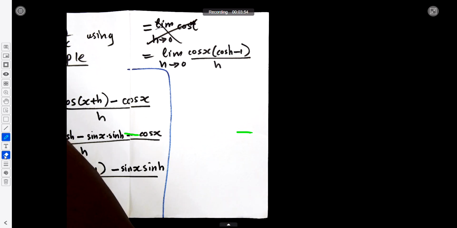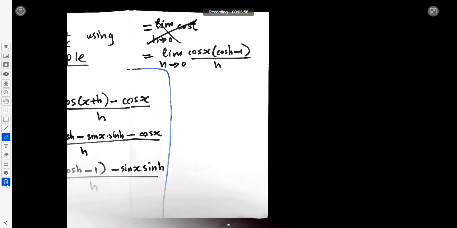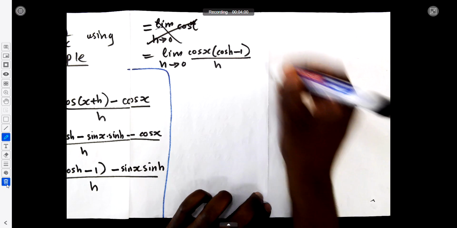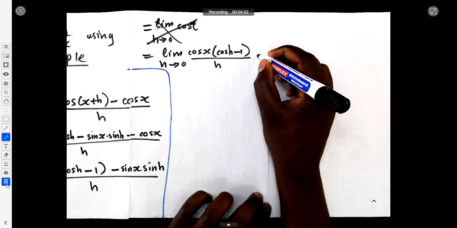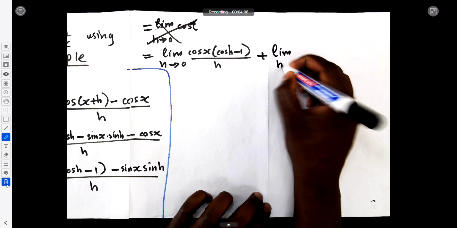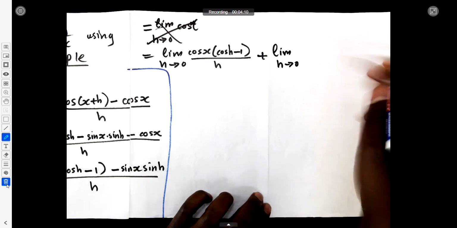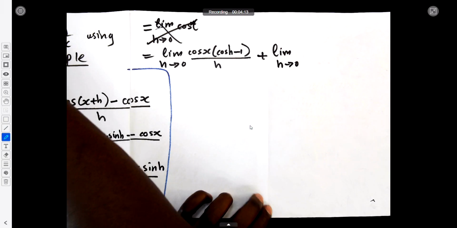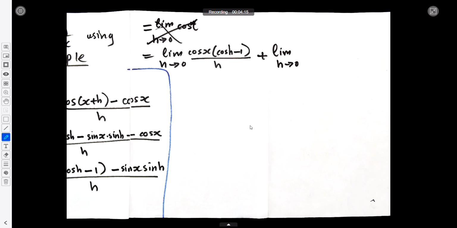On the second page, we do the same thing. We can just put the minus or we can say plus, splitting the terms. So limit h approaches 0, because on both fractions we need to substitute h.